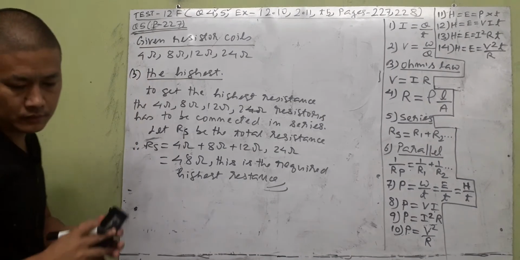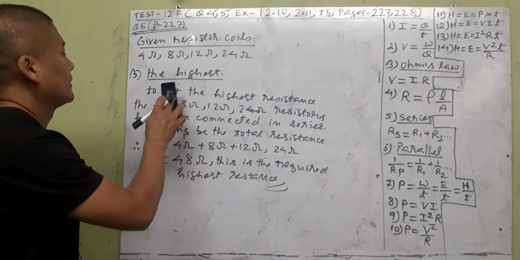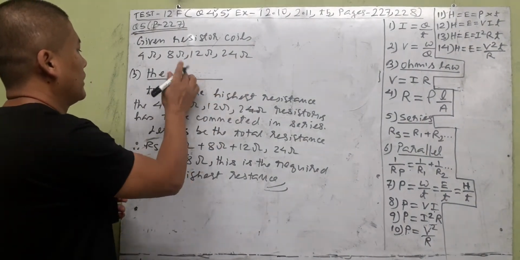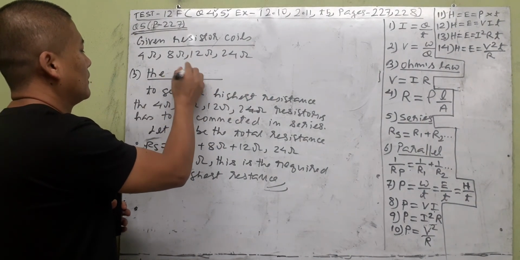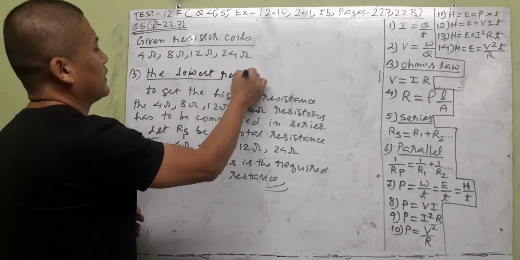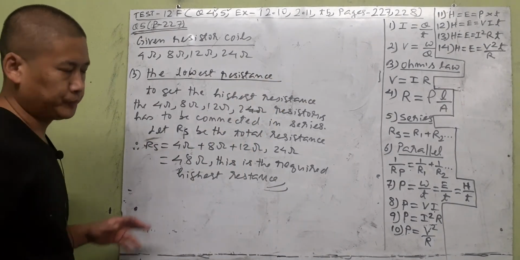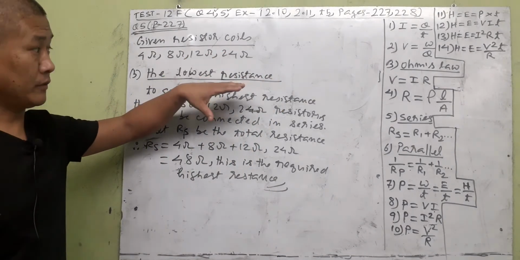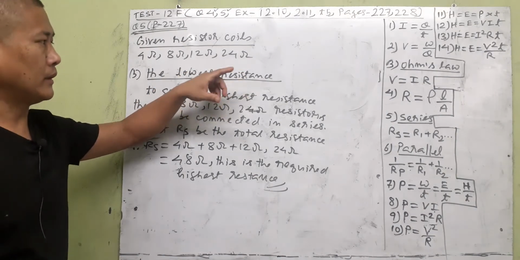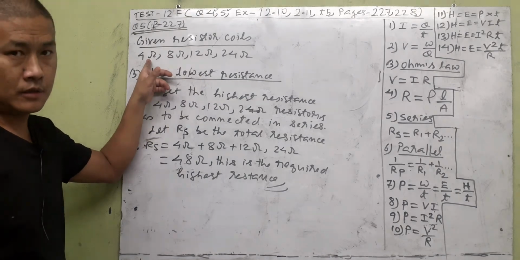B is, go to textbook, the lowest resistance. So the lowest, how can you get the lowest possible resistance value, with the 4 coils? So to get highest, we do in series. Now when you do in parallel, then answer this question, which is the smallest value resistance here?